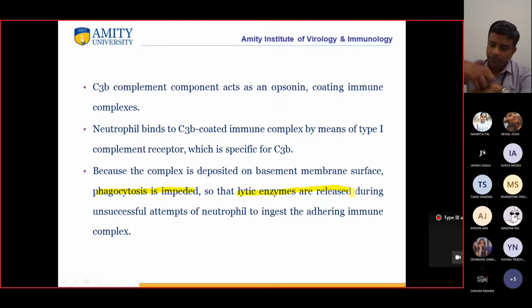Now it becomes difficult for the neutrophil to eat it, so it releases the enzymes so that it can eat those complexes. That is the unsuccessful attempt of the neutrophil, and in that it releases a lot of lytic enzymes.